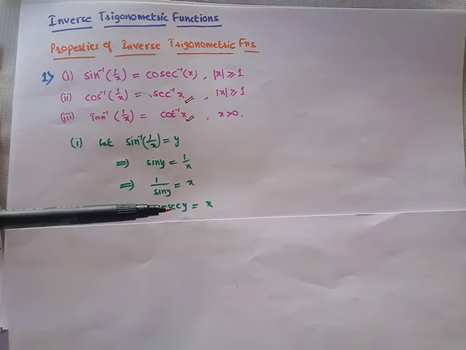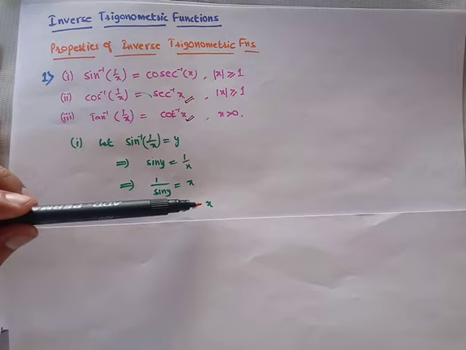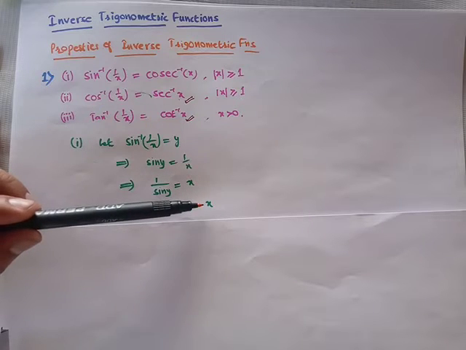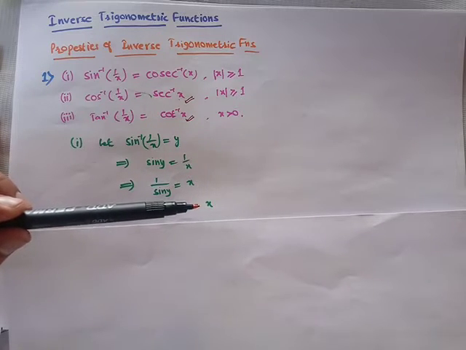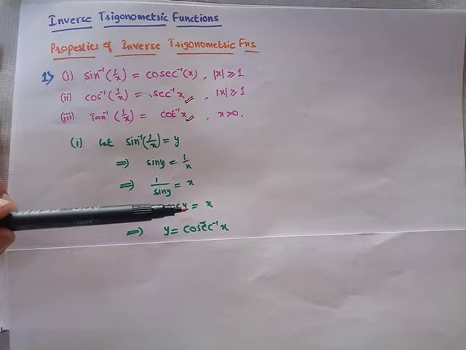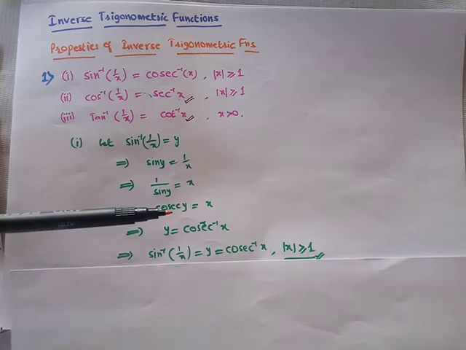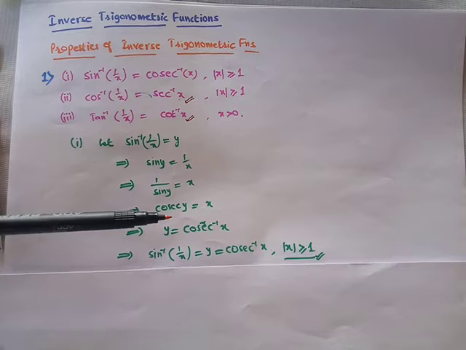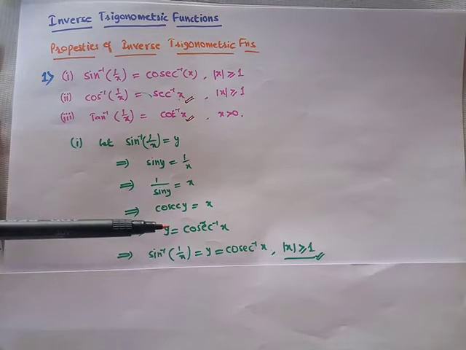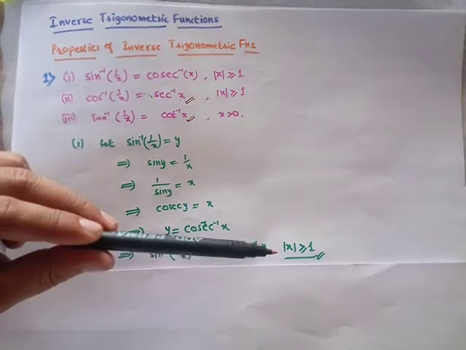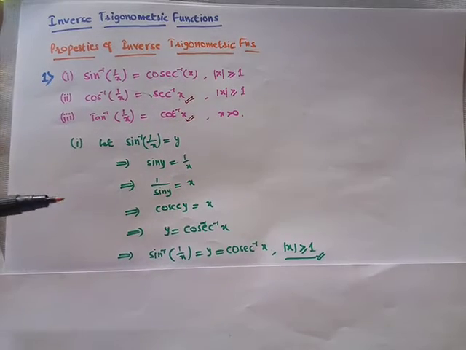Now this time send this cosec to the right hand side. Then y is equal to cosec inverse of x. Then sin inverse of 1 by x is equal to y is equal to cosec inverse of x, and the given domain is mod x greater than or equal to 1.